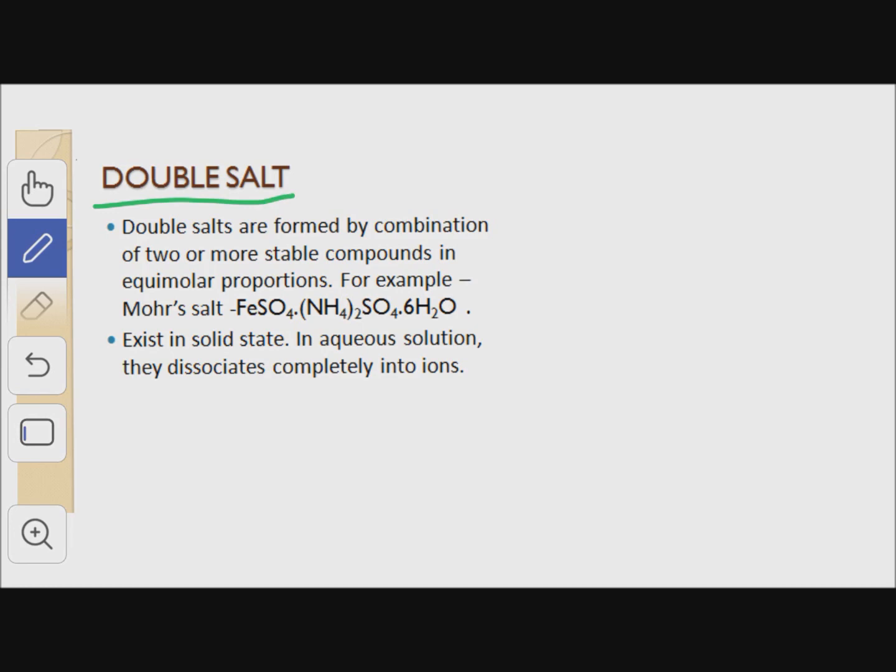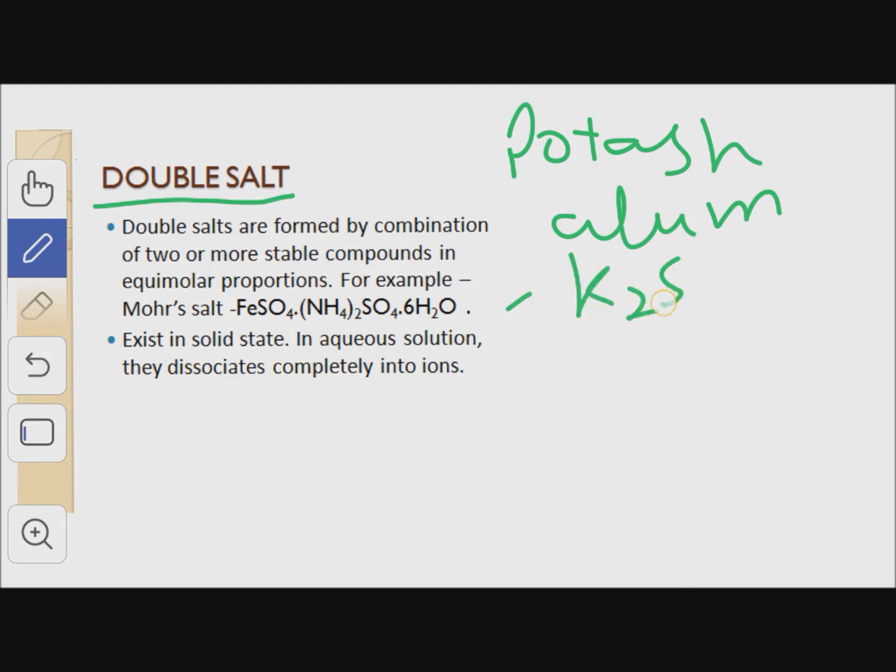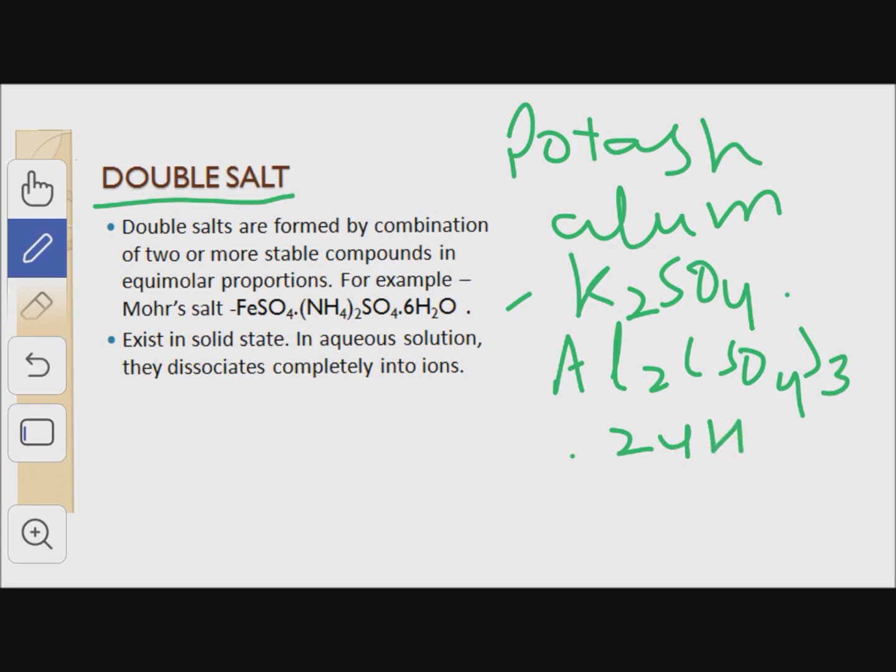It is used in daily life, and the formula of this potash alum is K2SO4.Al2(SO4)3.24H2O. This is the formula of potash alum.